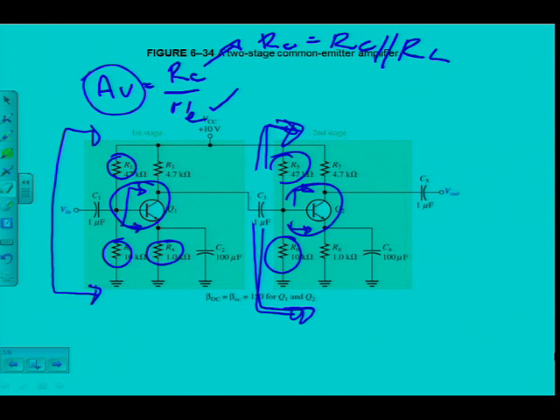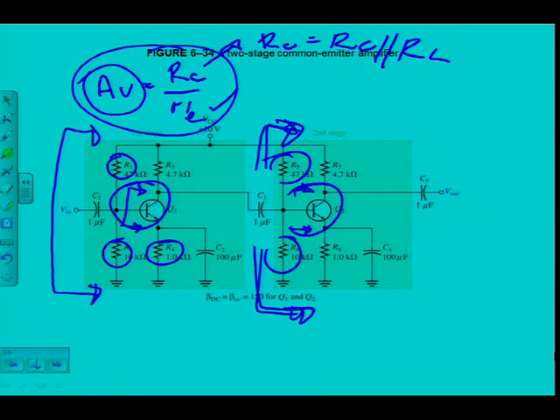Alright, so what am I getting at? If I go and clean this up a bit here. Remember, after this capacitor, my load resistor was connected for a single stage. Now for the multi-stage amplifier, I've got another stage. But that stage has input resistance. So, when I go back to my voltage gain formula, the formula still remains the same.